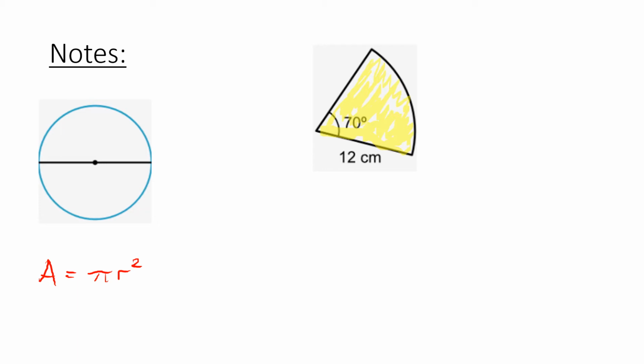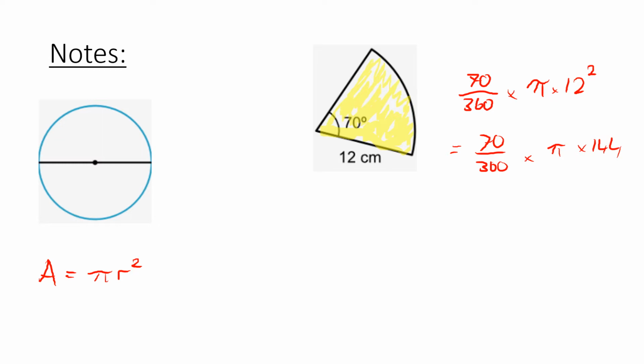So it's going to be 70 out of a possible 360, because there's a full 360 in a circle, times pi times radius squared, which is 12 squared. So that is going to equal 70 over 360 times pi times 144.